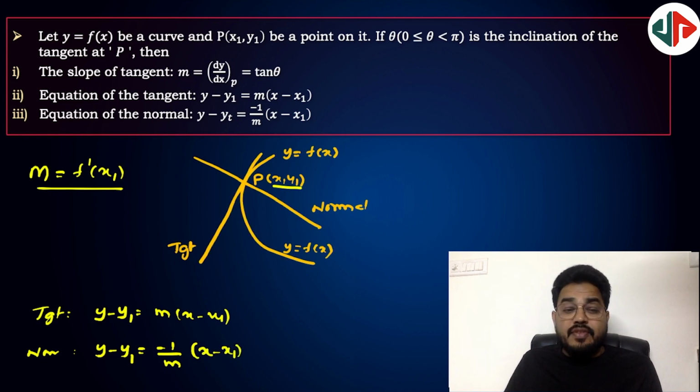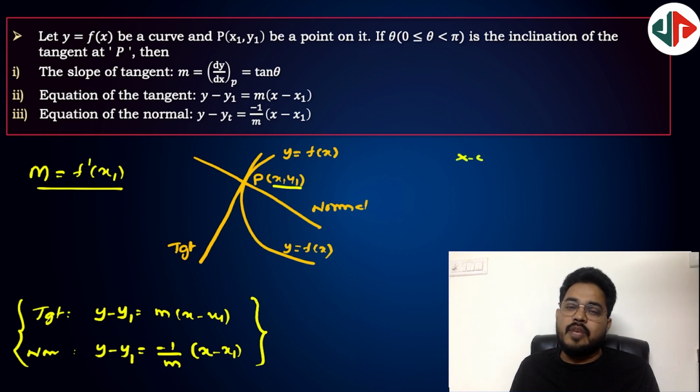It makes a lot of things easier, because particularly in differential equations, we use this a lot. And here, sometimes they'll talk about the x-intercept and y-intercept. In any line, if I want to find the x-intercept, substitute y is equal to 0.